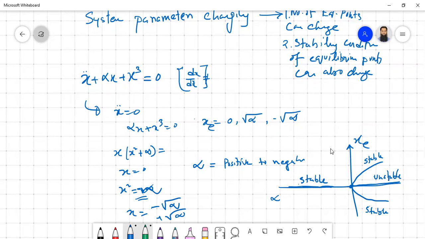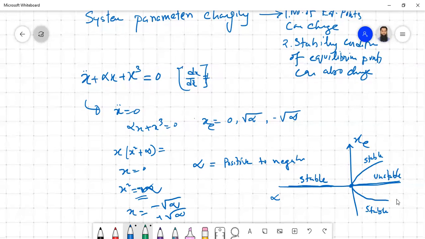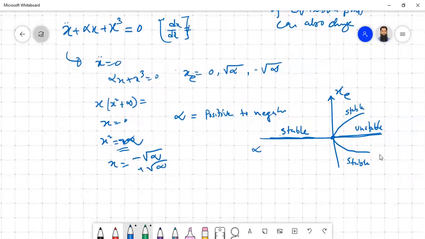Now, this is a classical example. The solution is not provided, but you have this curve pictorially. Since this kind of curve is similar to a pitchfork, this kind of bifurcation is known as pitchfork bifurcation.